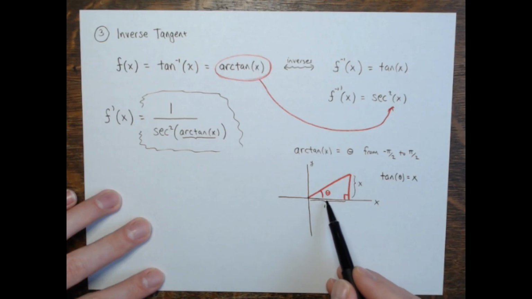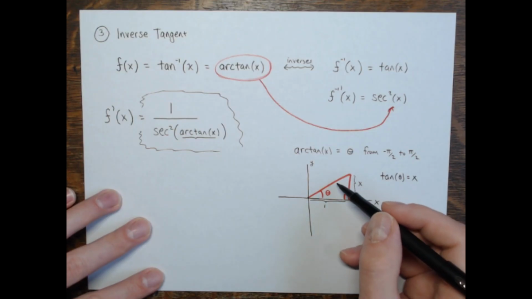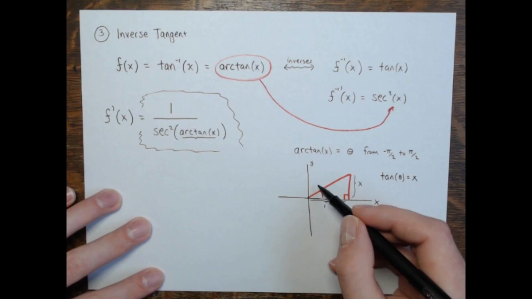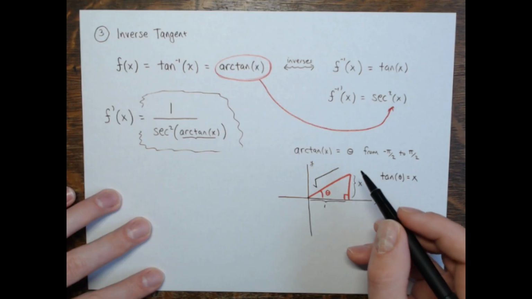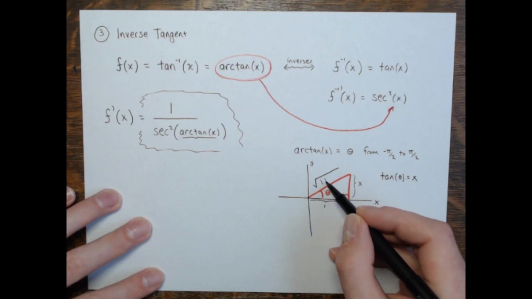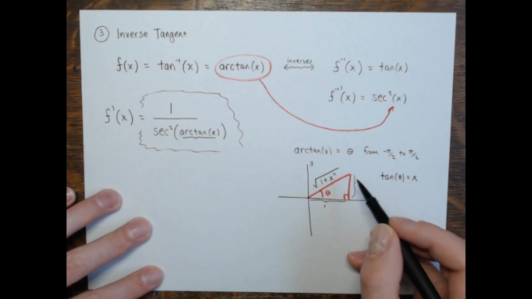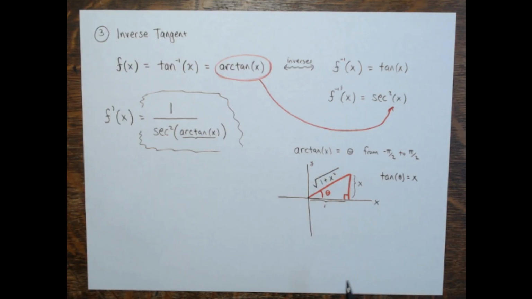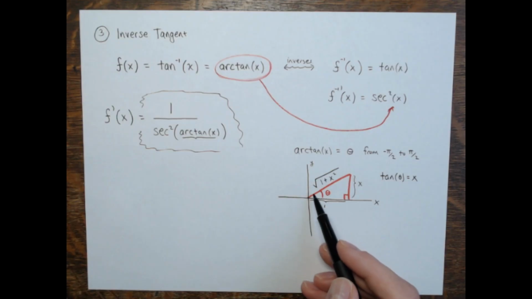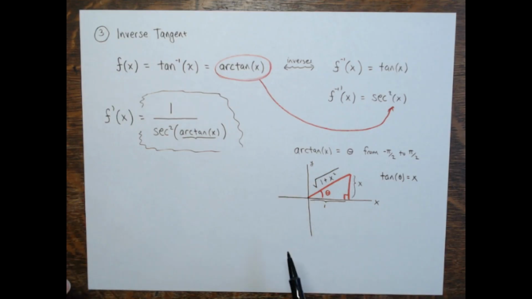So this is an adjacent length of 1 unit here. And then Pythagorean theorem, you can show that this hypotenuse length is the square root of 1 plus x squared, or x squared plus 1. And it would have to be the positive square root, right? Because it's a length of a hypotenuse, distance from the origin, typically represented by a positive quantity.